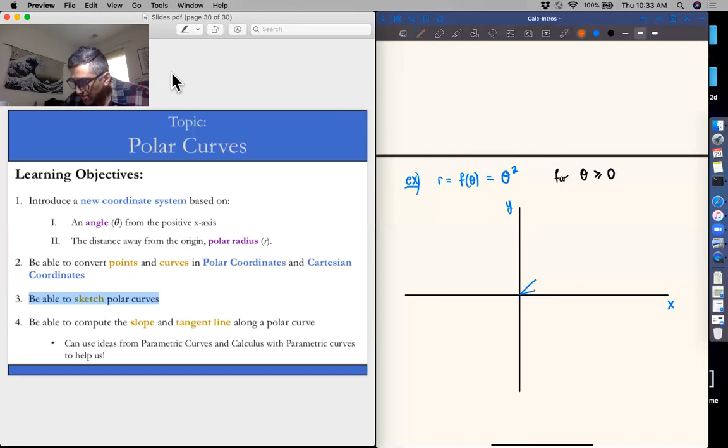So I'm just sketching a couple ideas to get us warmed up here. As theta increases, our r increases as well. And this will keep happening as we keep going around and around as angles are increasing off of the x-axis.